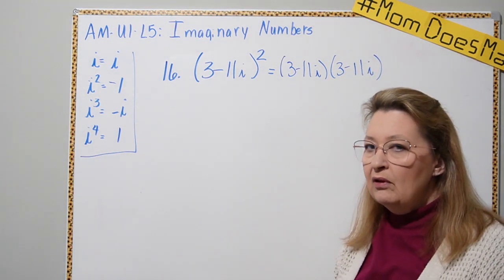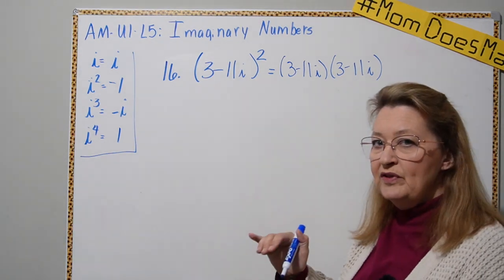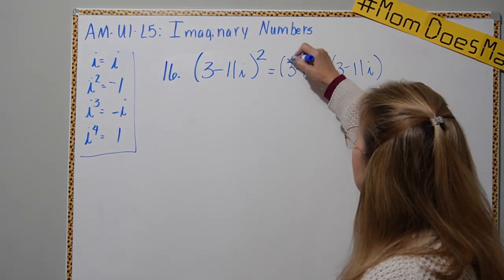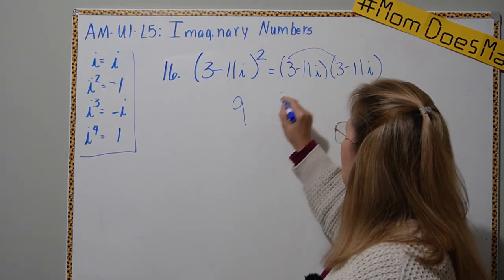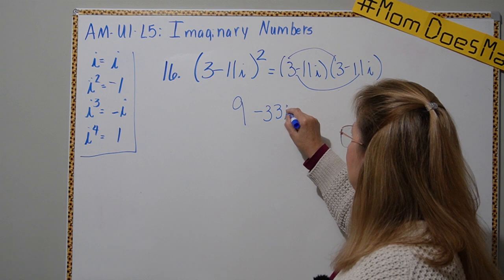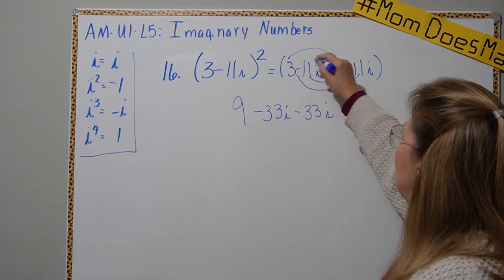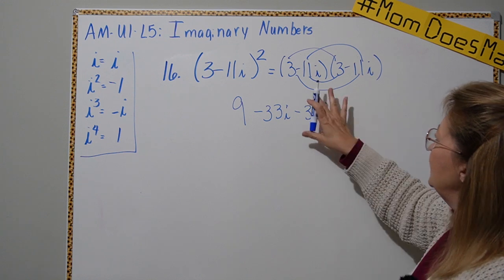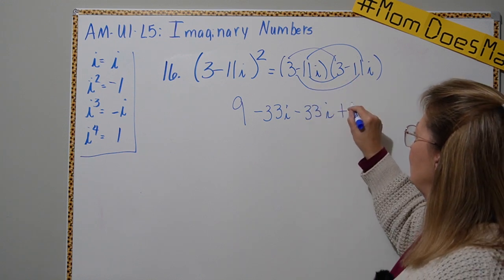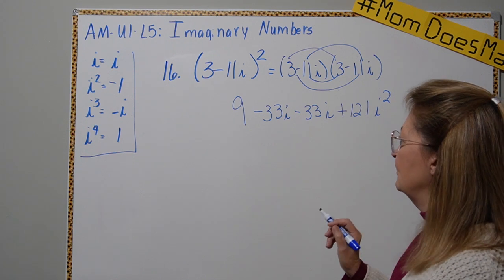Now we're ready to FOIL. You've done this before. The only thing different is we're going to be looking to see what happens with those i's. All right, 3 times 3 is 9. This will be negative 33i. And this one is negative 33i. And then when you multiply the last two together, negative times negative is positive 121i squared.